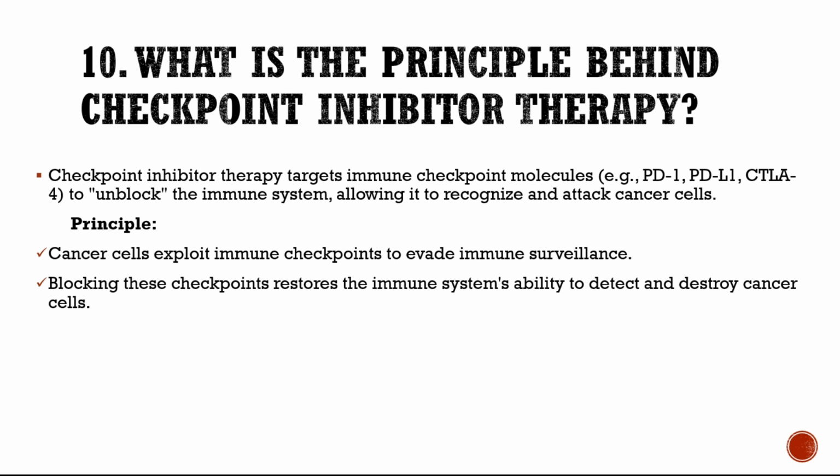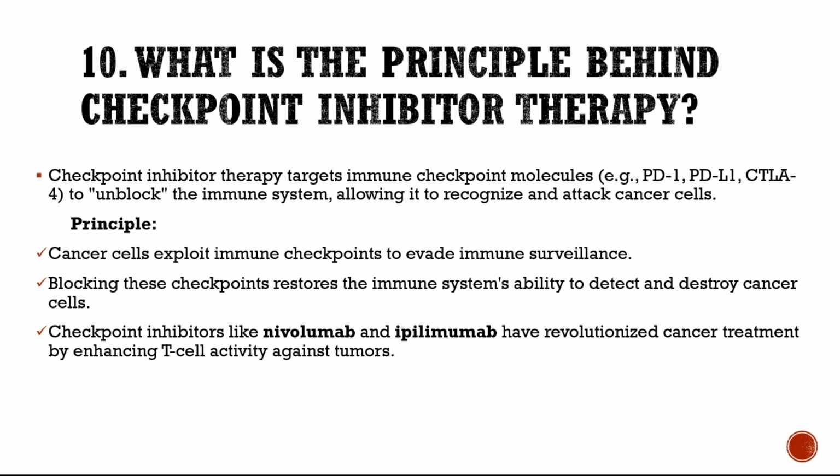Here it means that after cancer cells block checkpoints, the immune system is not able to detect and destroy cancer cells. Checkpoint inhibitors like nivolumab and ipilimumab have revolutionized cancer treatment by enhancing T cell activity against tumors.